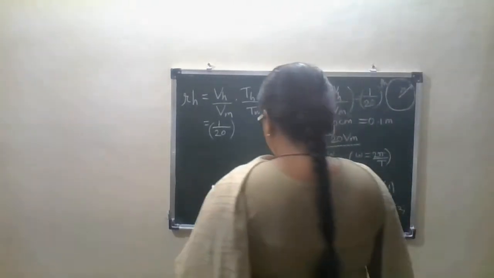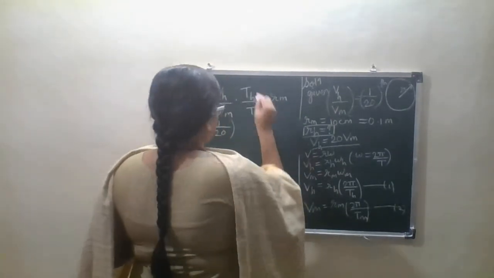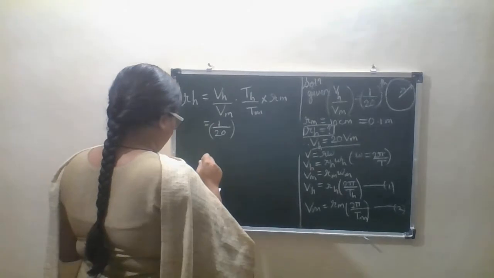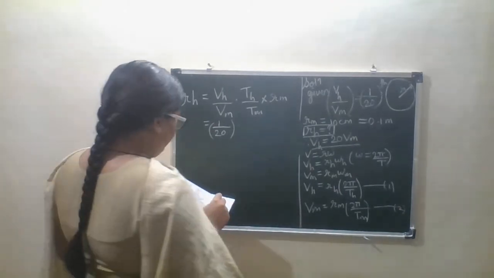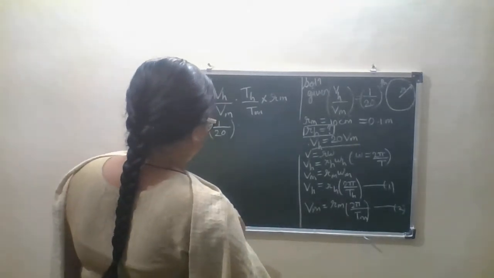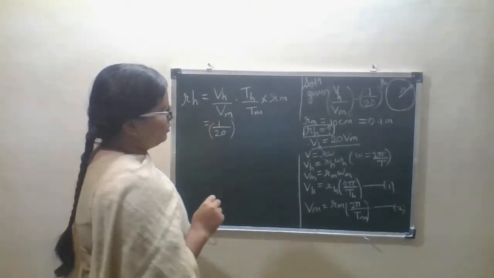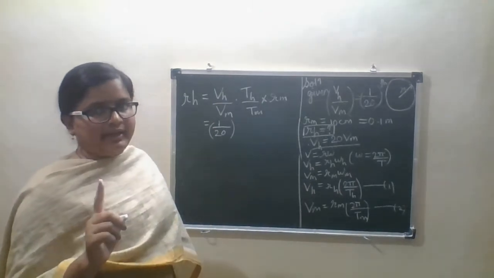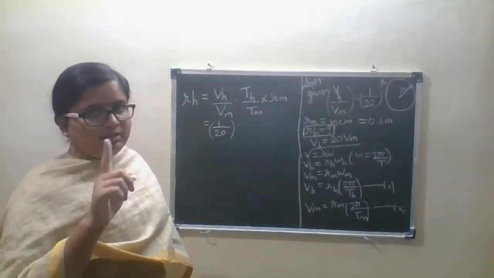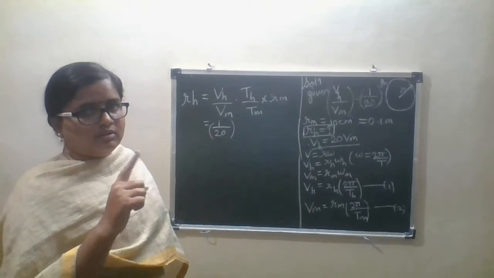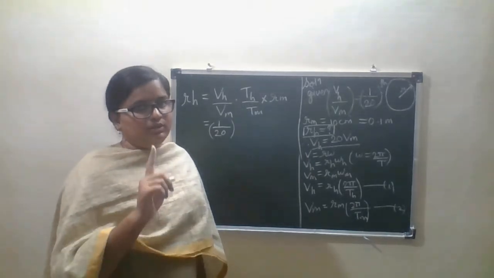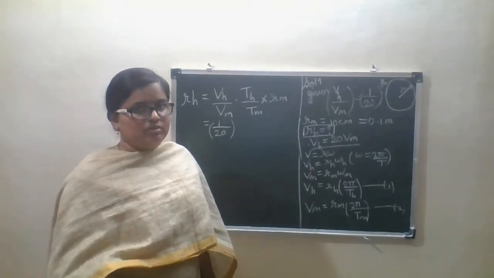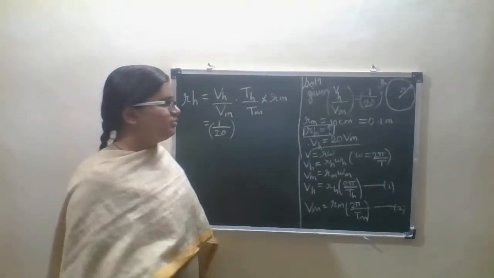Then what is th upon tm? Suppose for the hour hand, if the hour hand takes one revolution, how many hours will be produced?